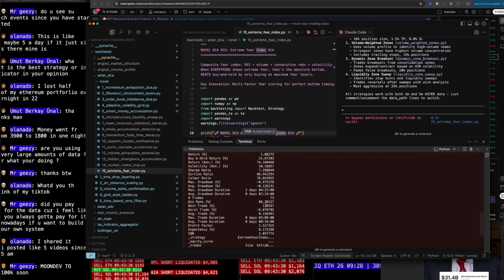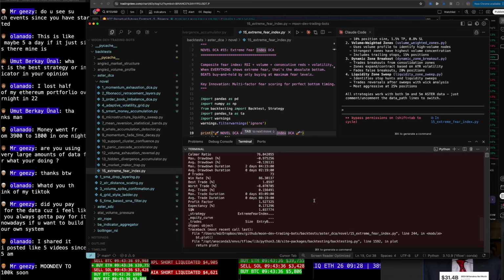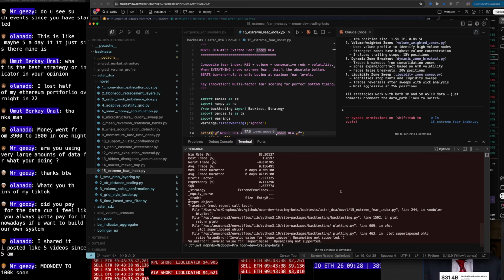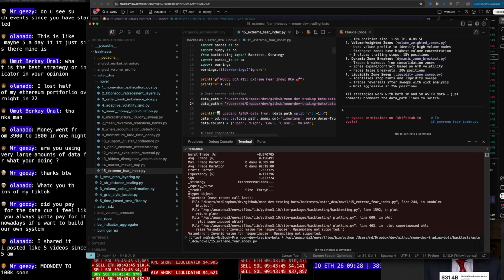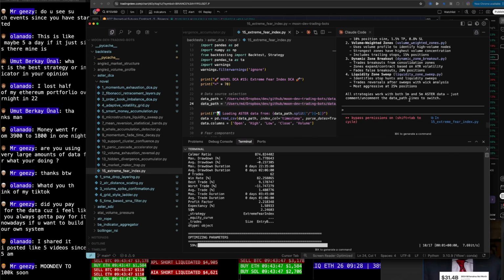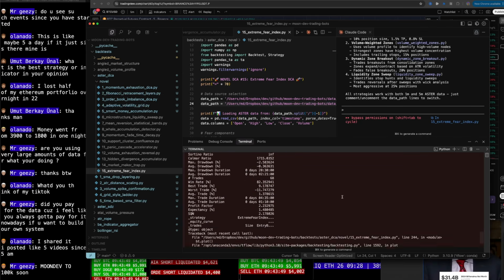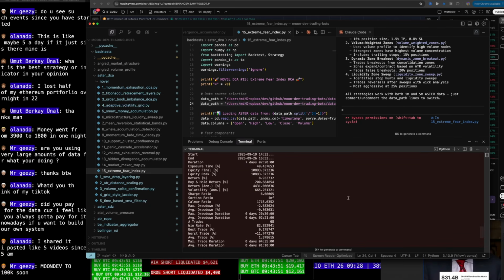Okay. Let's try the other data set here. And then we got all those supply and demand zone ideas. 68 trades, return 8.9%. Okay.